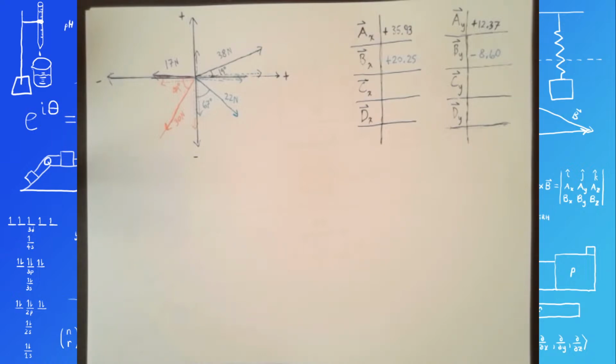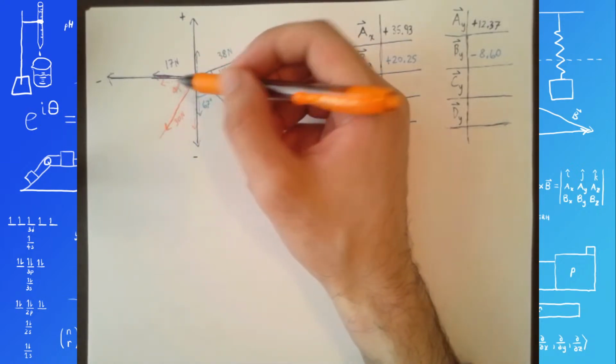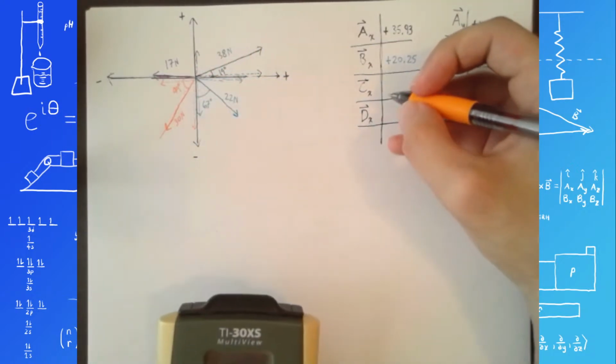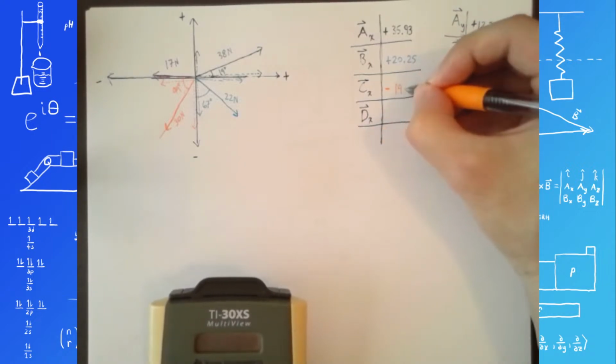Anyway, 30 cosine, whoops, I typed 30 twice. 30 cosine of 49 degrees gives me 19.681, which rounds to 19.68, and it's to the left, so that's going to be negative 19.68.